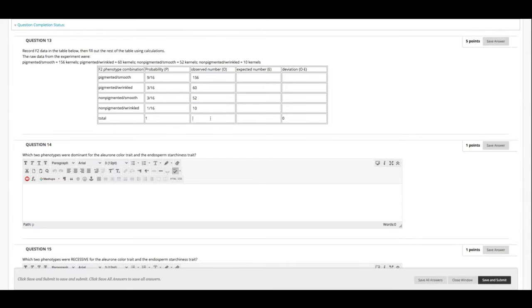Ten. The total number is 278. It's 278. And then the expected for the first one is like 156.4, 52.1, and then 52.1 again, and 17.1.